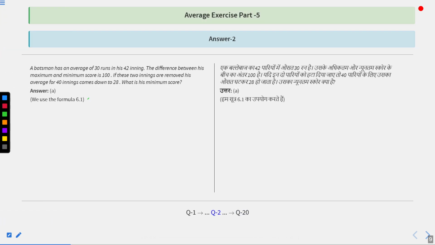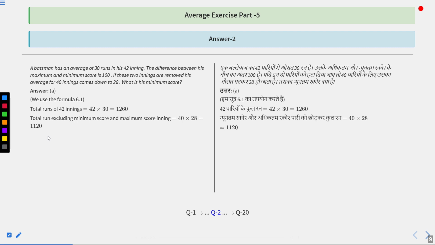Now we are going to use formula 6.1, the basic formula of average. The question says the average is 30 runs in 42 innings, so we can calculate the total runs, which is 1260. The difference between the maximum and minimum score is 100.